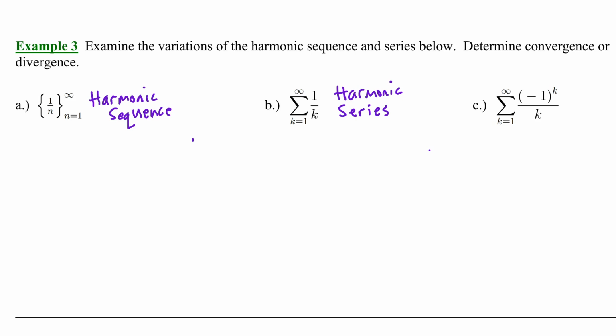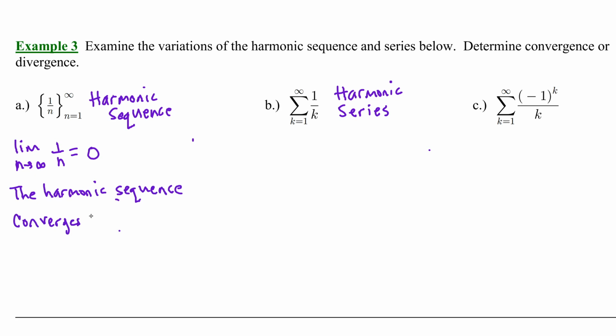If you'll recall, the way we determine if a sequence converges is simply by finding its limit. If its limit is finite, then the sequence converges, and it converges to 0. So we could say the harmonic sequence converges, and it converges to 0.